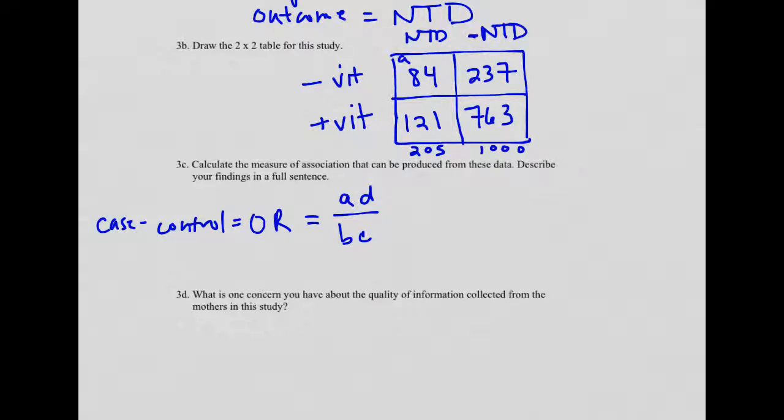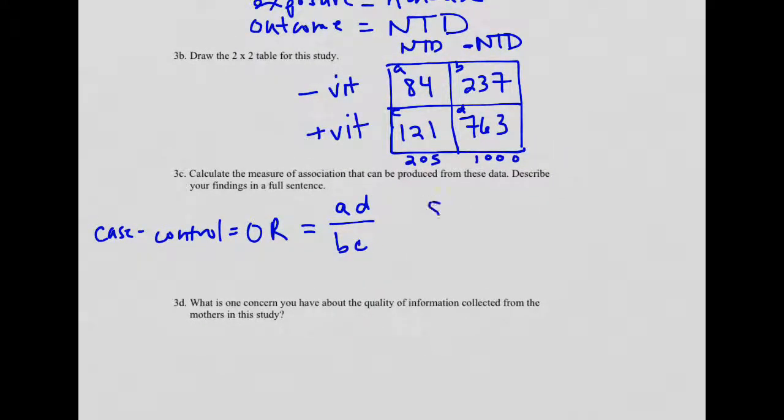So let's go back, and if I can mark this, here are our cells. And it's the cross product, remember? Cross products. Let me undo that because that's going to be too messy to read my numbers. Okay, so A is 84, D is 763, B is 237, C is 121.